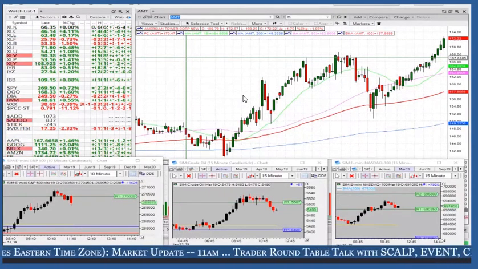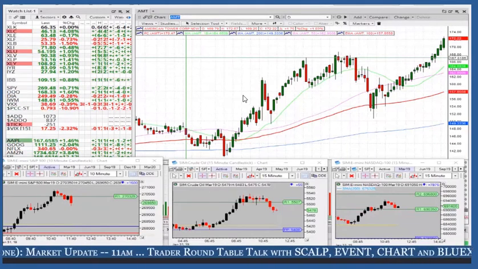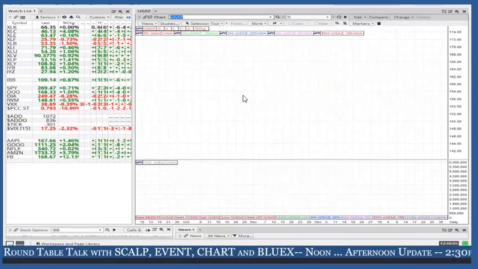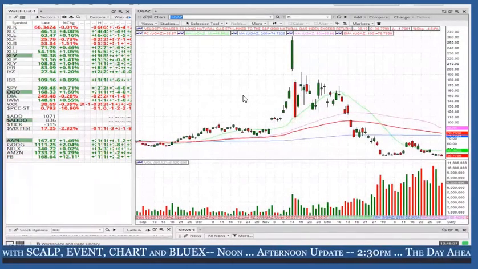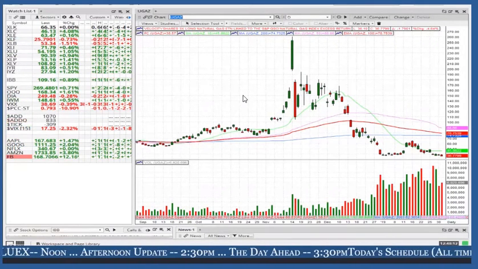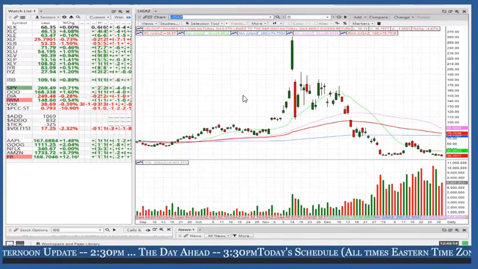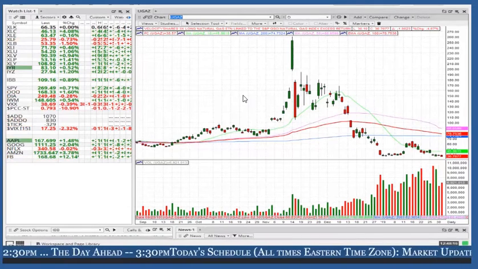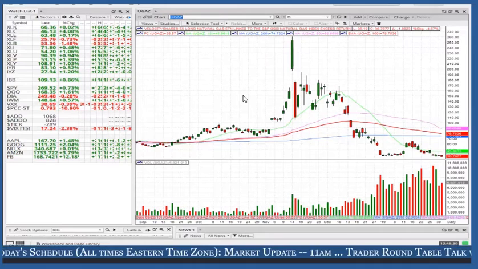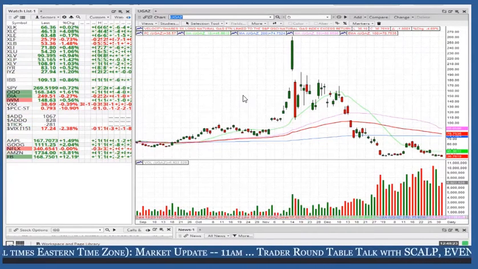So his focus will be UGAZ, and that's a 3 times leveraged ETF for natural gas. He also does the 3 times leveraged crude oil, I forget the ticker. So you can participate in crude oil with Commodity Trader if you want to trade futures and adjust your risk accordingly, if you so choose.